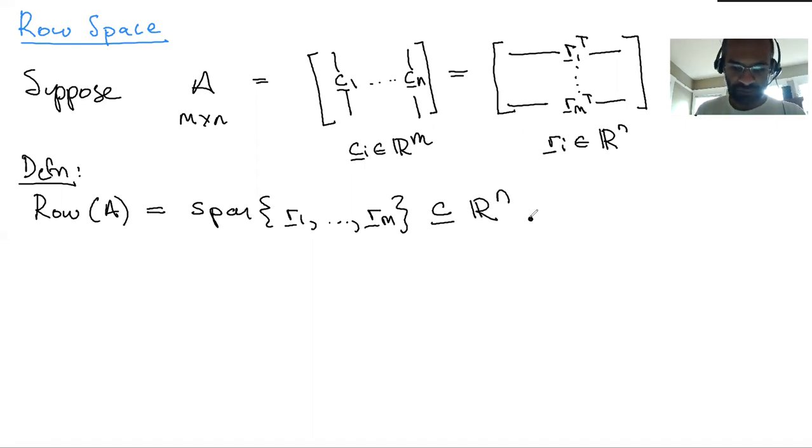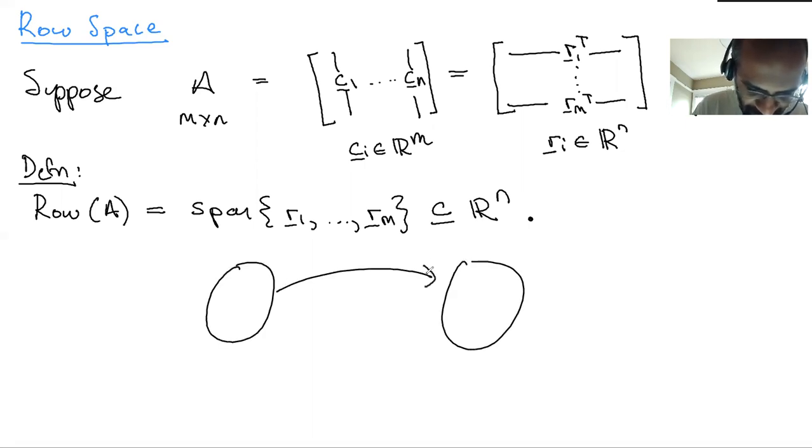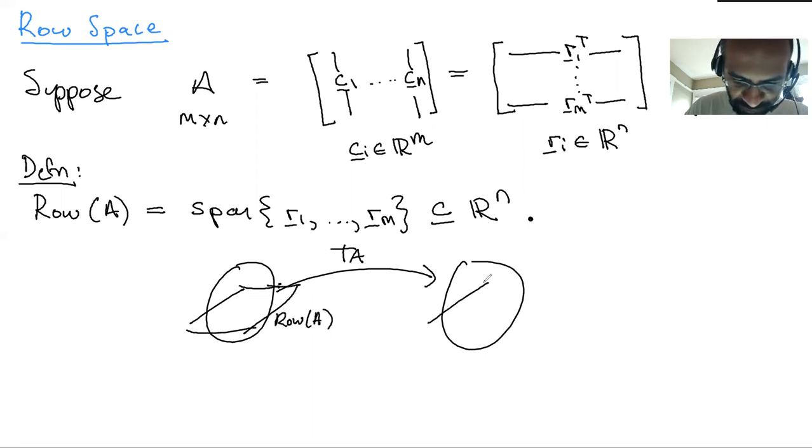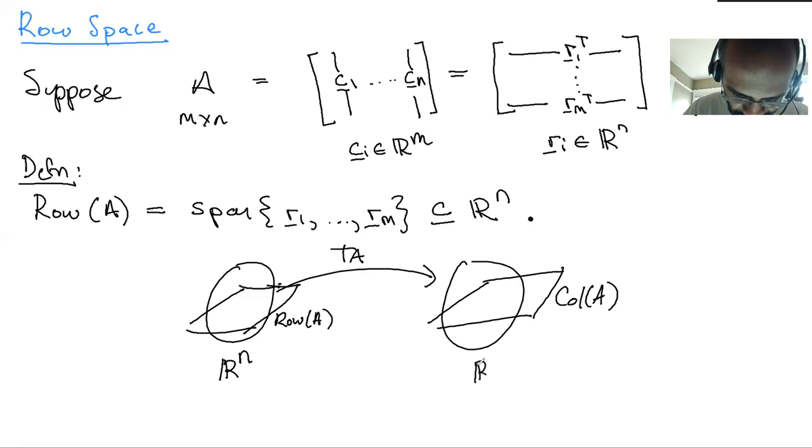So in particular, if you think of the linear transformation multiplication by A, then the row space actually lives in the domain, whereas, for contrast, the column space lives in the codomain, right? So this is Rn and this is Rm. So that's the definition of the row space.